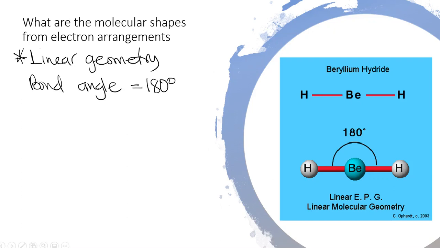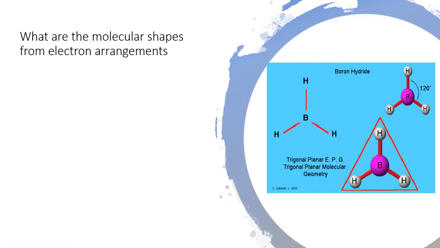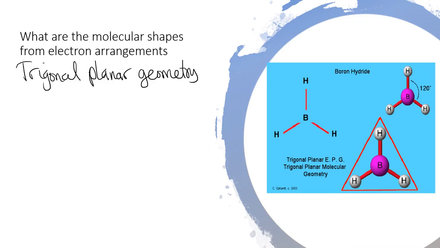That's the bond angle in linear geometry. In trigonal planar geometry, the bond angle is 120 degrees. This bond angle here is 120 degrees, 120 degrees, 120 degrees.